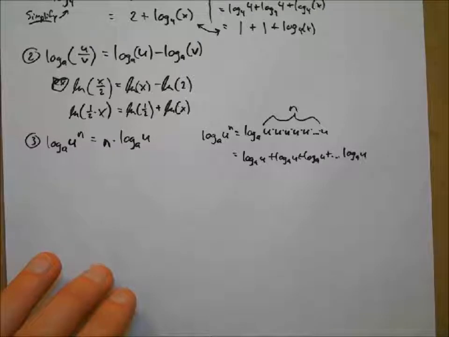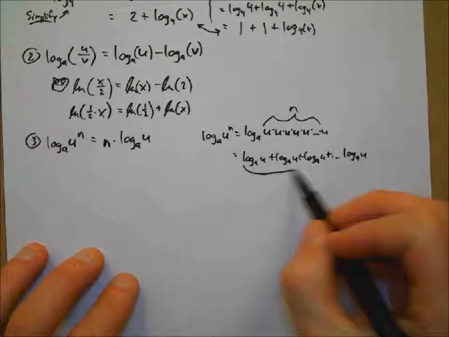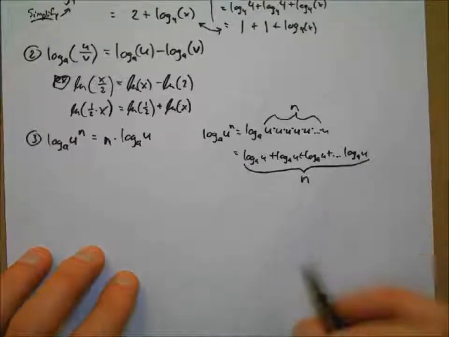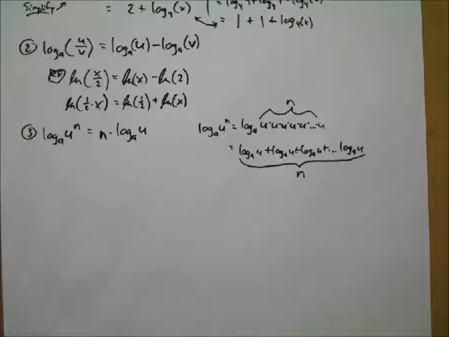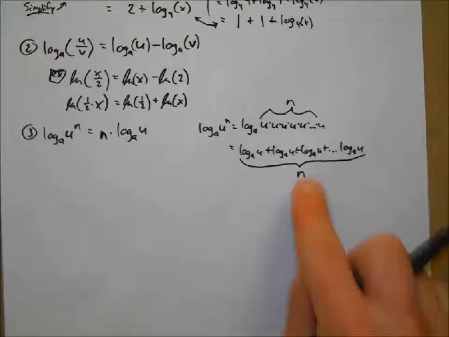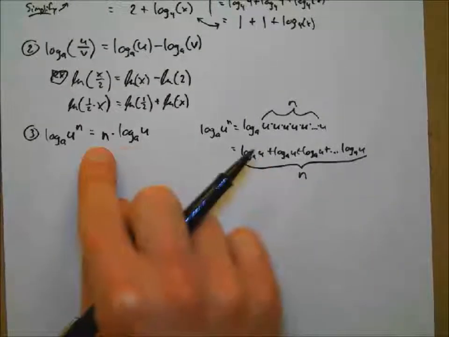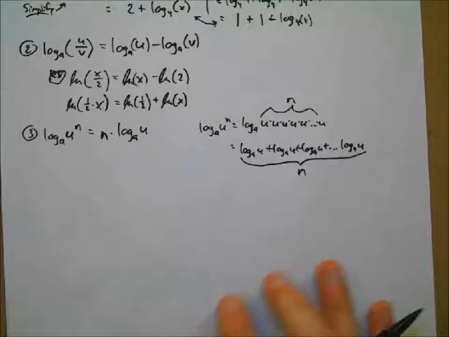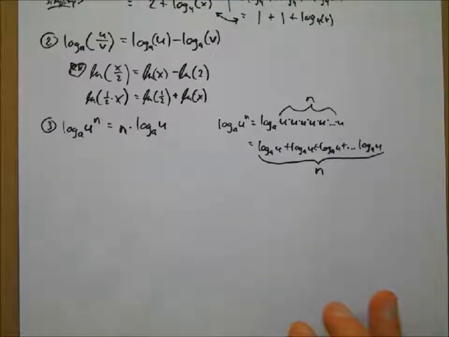N, right? We'll have n of them. What do we call repeated addition? When you add the same thing over and over again, what is that operation? Multiplication. N times log base a of u. Right there. So that's just an extension of property 1.